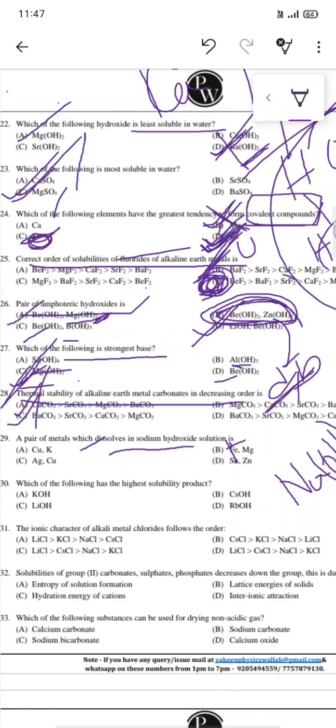Copper. Okay, copper. Iron, copper, manganese, and nickel. Copper is not going to dissolve. So the answer is Sn and zinc. 29D. Iron, copper, Mn, not magnesium, do not dissolve in any way.